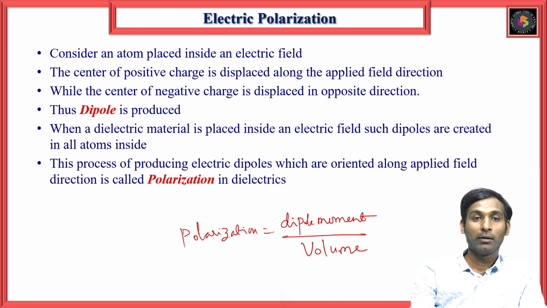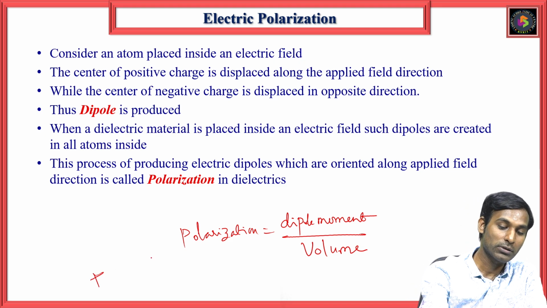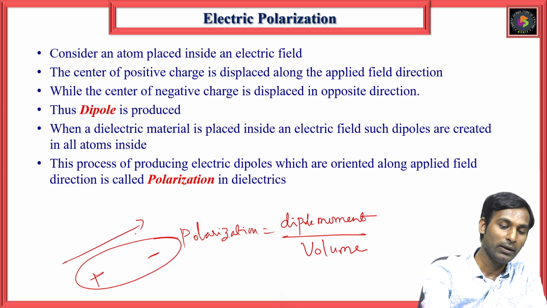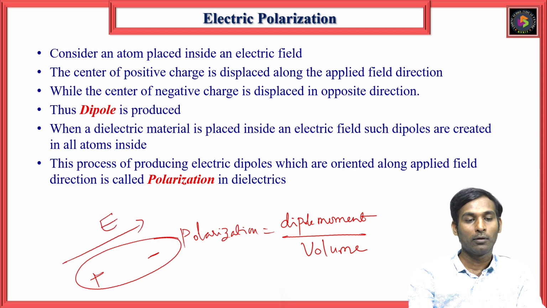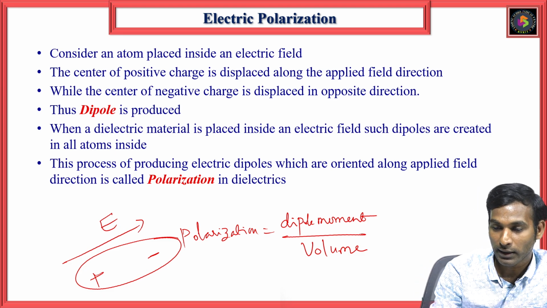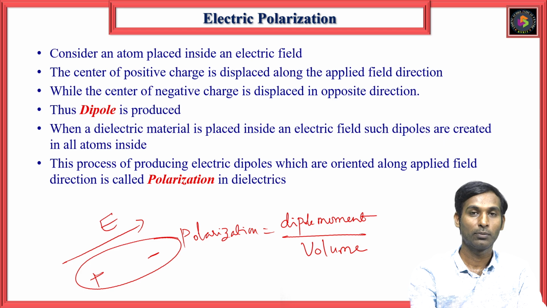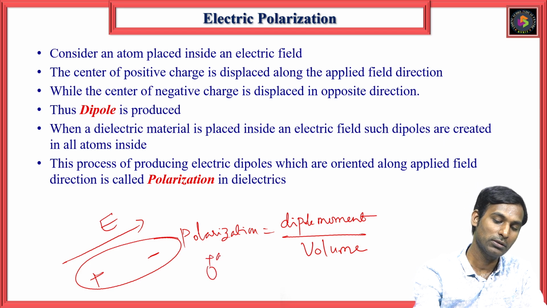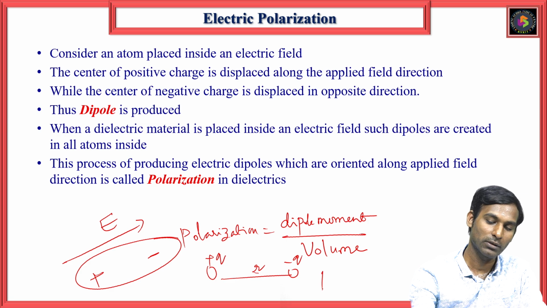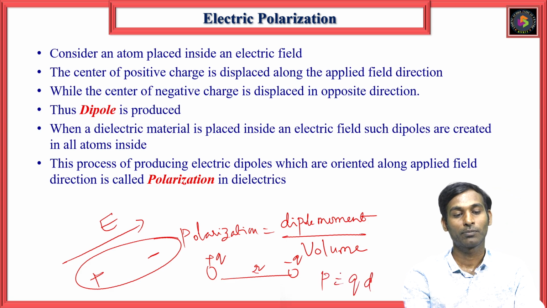Here, the center of positive charge is displaced along the field direction, while the center of negative charge is displaced in the opposite direction. So a dipole is produced, with positive and negative charge separated by some distance: P equals Q into D.